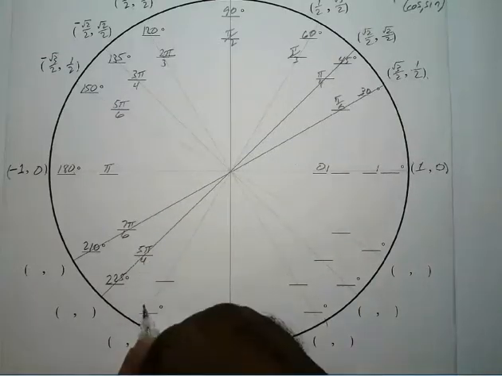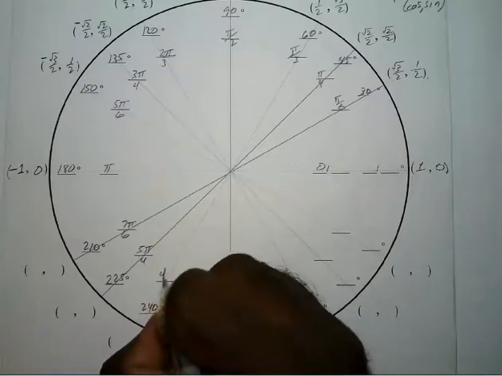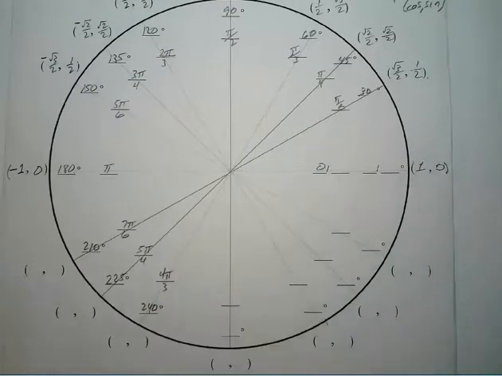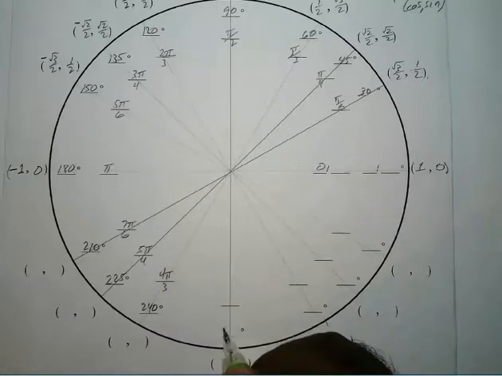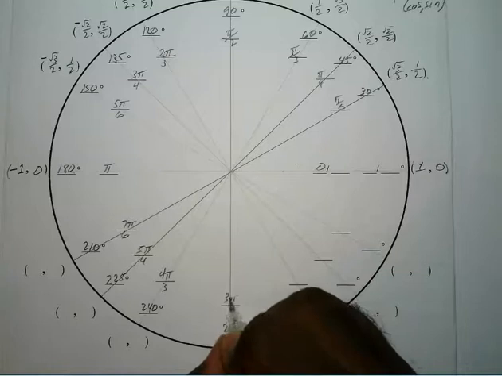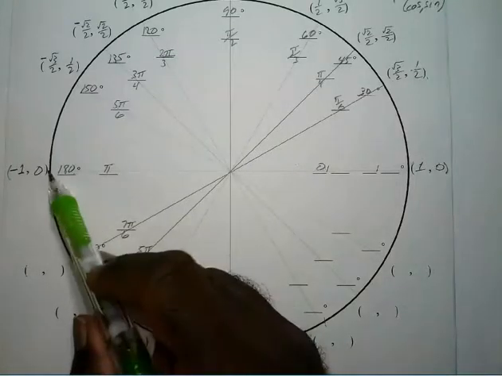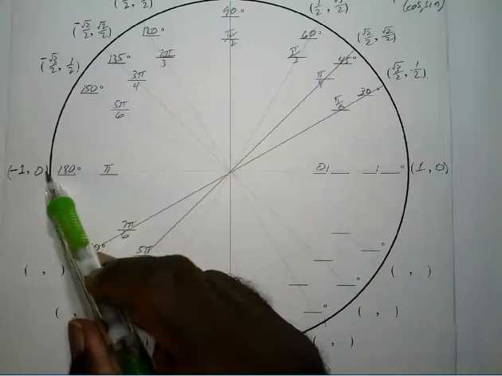We have 240 degrees, or 4 pi over 3. Or we have 270 degrees, or 3 pi over 2. Alright, so once again, starting with our y value, square root of 0 over 2 is 0.